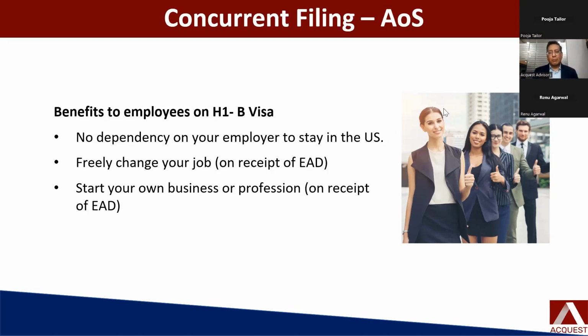We got them the employment card, and now this lady is setting up her own cultural academy in the US, and her husband, who was working on an H1B visa with a company, is also setting up their own startup company in the US. So this is the benefit. You free yourself of dependence on any employer, and you get complete freedom to stay in the US and do whatever business, profession, or career that you want.